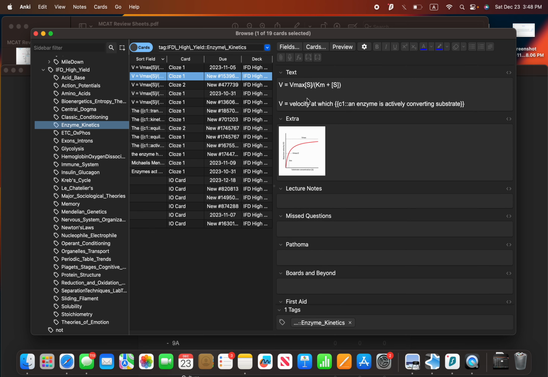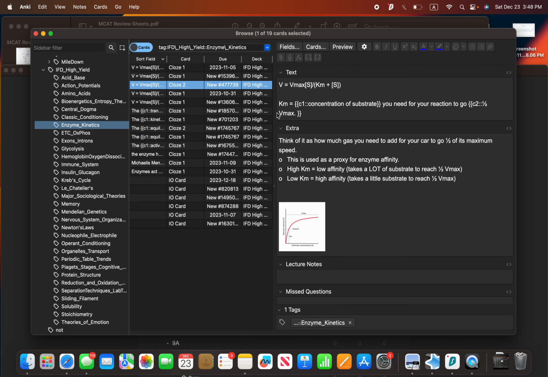We have here the equation again, and we have V, which is the velocity at which an enzyme is actively converting substrate. So V is about the enzyme itself. It's the speed at which the enzyme is actively converting the substrate into what? Into the product, right?